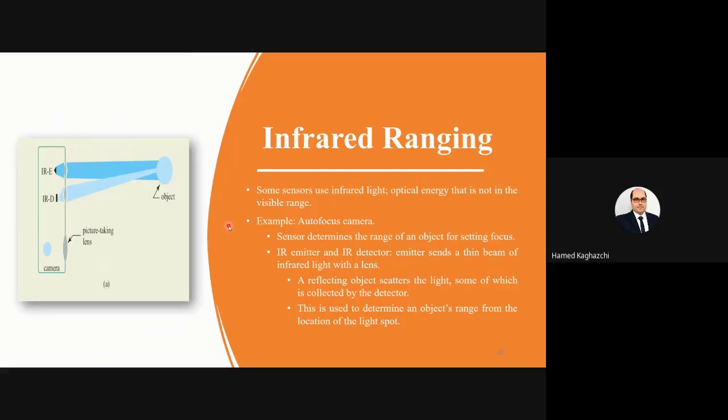As I talked about the infrared light, which is not visible to human eyes, one of the devices that uses infrared light is the active camera. As you see in the figure, this camera has an IR emitter and IR detector.